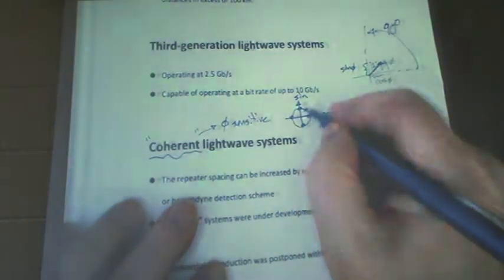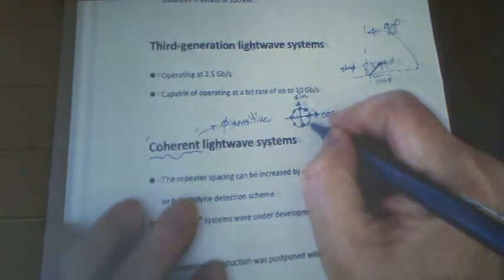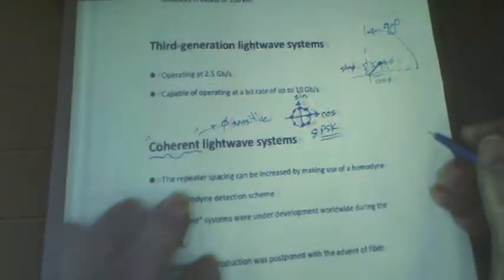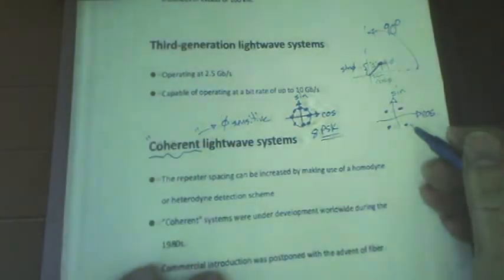Maybe I have these 4 different phase shifts, or maybe I have 8 different phase shifts. 8 dots on a circle is called 8 PSK, phase shift keying. Another modulation format I might decide to use would be, let's see, if I had a plus or minus 1 on the cosine part of the wave, and a plus or minus 1 on the sine part of the wave, then I'd have these 4 dots. 4 dots in a square looks just like 4 dots on a circle.